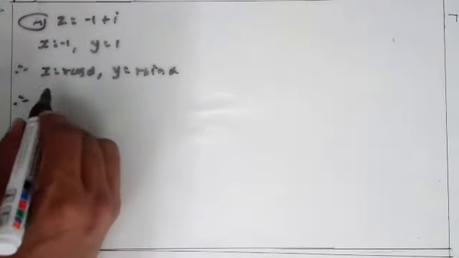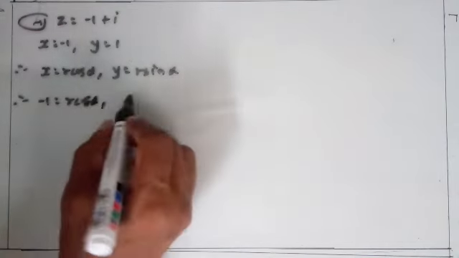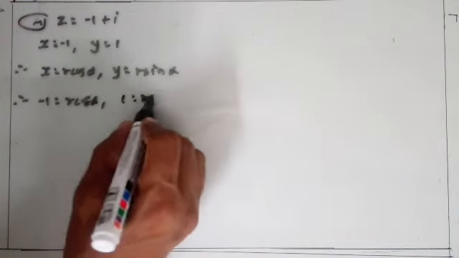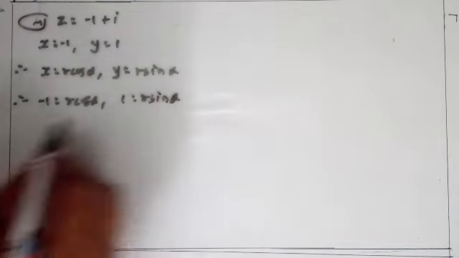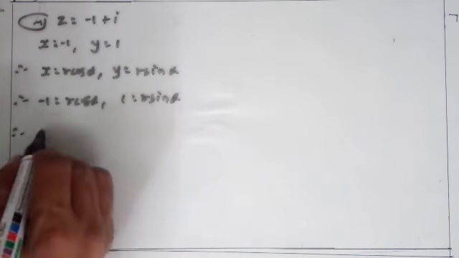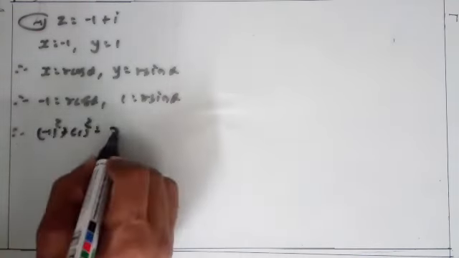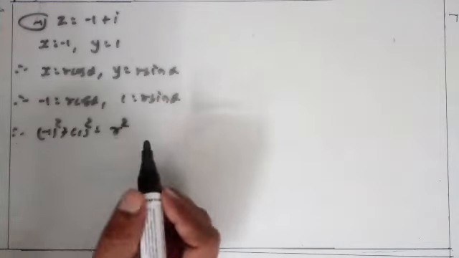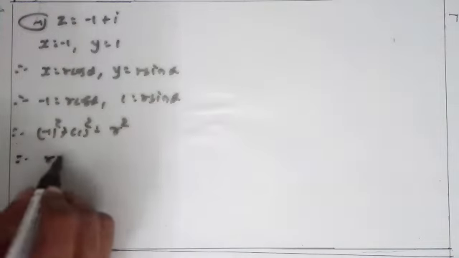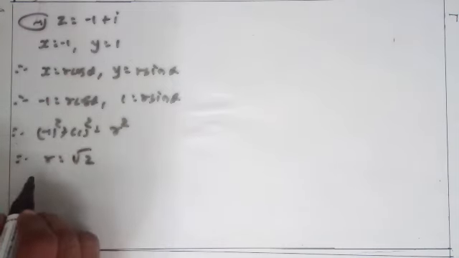Therefore x is equal to minus 1, r cos theta, and y is equal to 1, r sin theta. Now squaring and adding on both sides, we get minus 1 square plus 1 square is equal to r square, cos square plus sin square becomes 1. So r is equal to root 2. Clear? So this becomes the modulus of z.